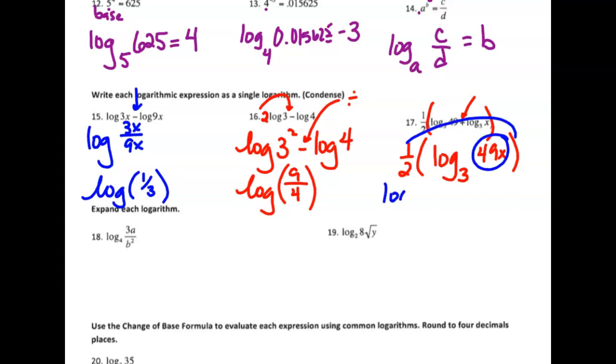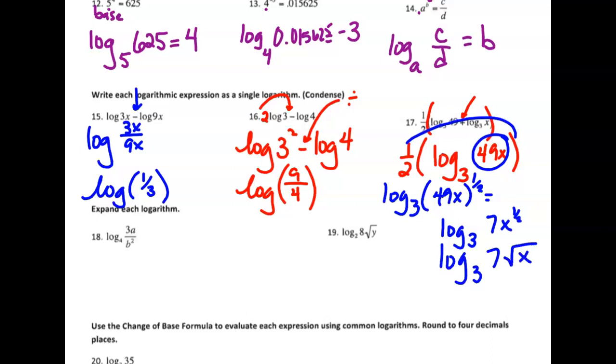So we have log base 3 of 49x to the 1/2 power. But 1/2 power just means we're square rooting. So we could square root that 49, simplify this a little bit into log base 3 of 7, and then only the x is to the 1/2. Or again, you could write that as 7 square root of x.